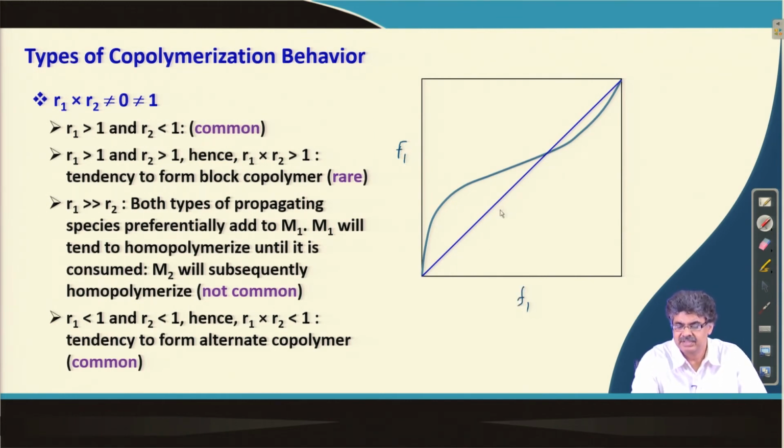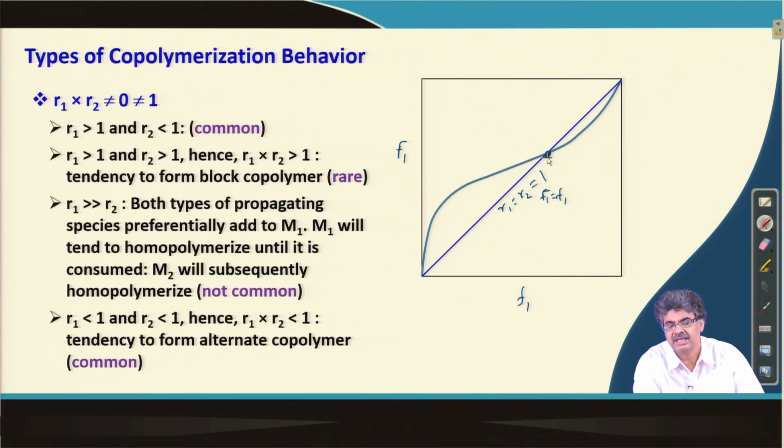curve. So, this is where R1 is equal to R2 is equal to 1, we have a perfect ideal polymerization where F1 is equal to f1, copolymer composition is same as monomer composition. So, in this case what happened, first the monomer M1 gets consumed more, and as the composition changed we land up at this point where F1 is same as small f1.